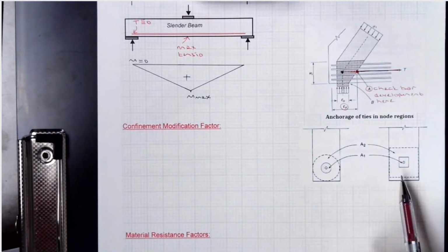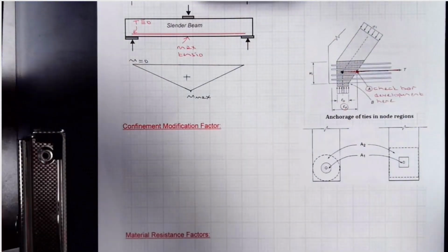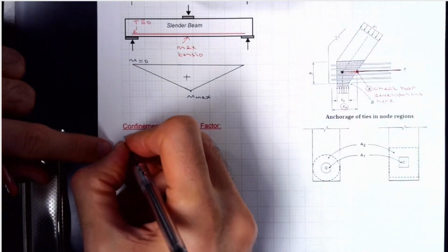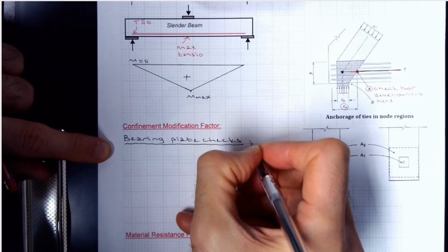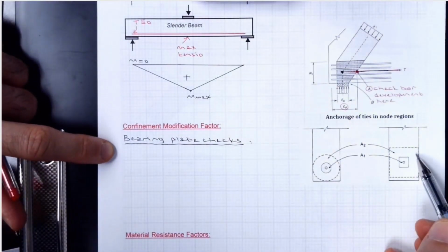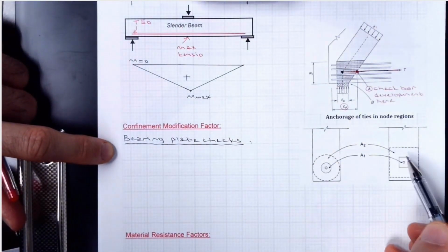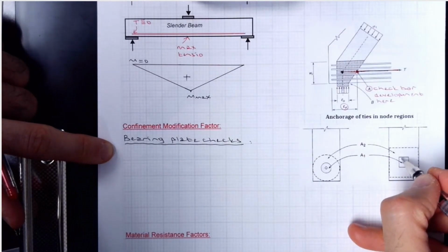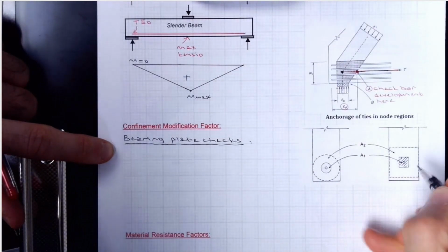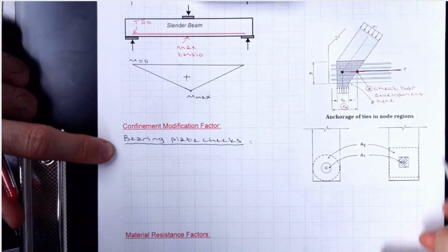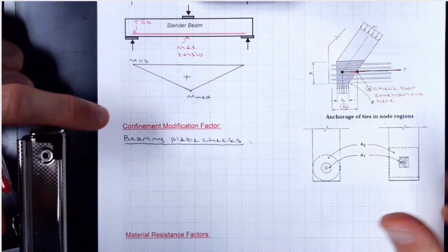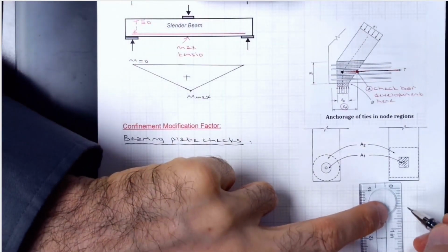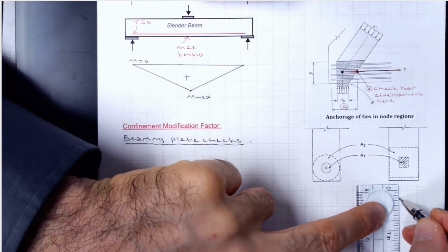Okay. This is only applicable for bearing areas. So when you are checking bearing plates, if you have available area, so this is your bearing plate, right, and you have some unused concrete which is confining your section, then you can enhance the capacity, because there is a difference, right?